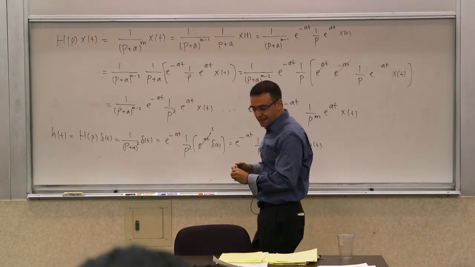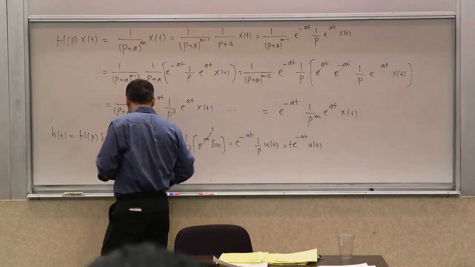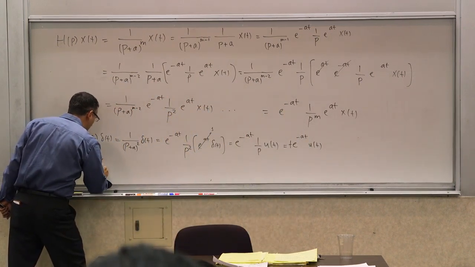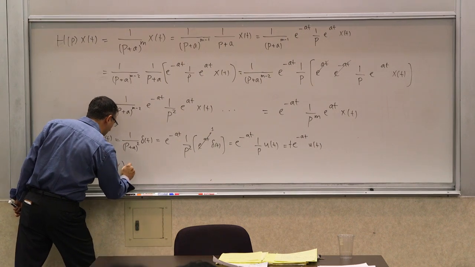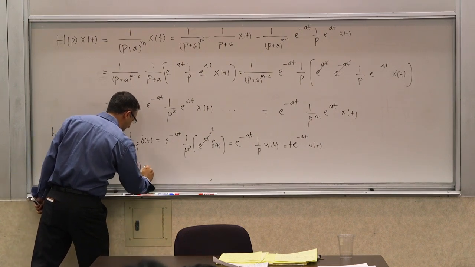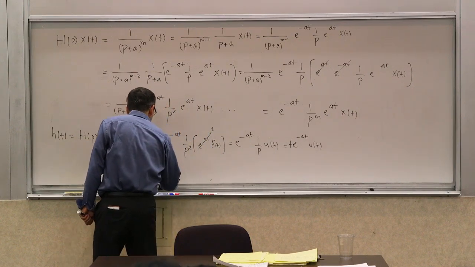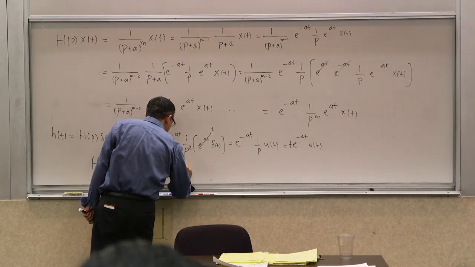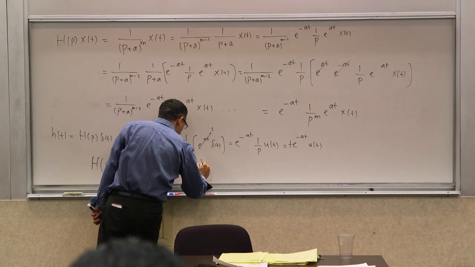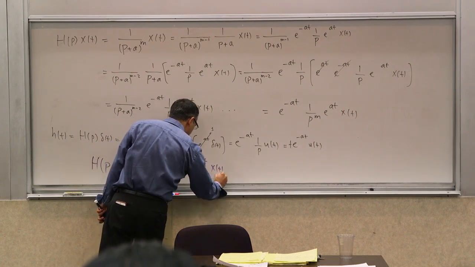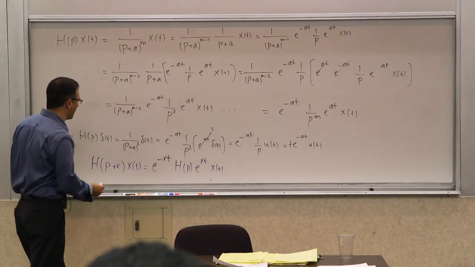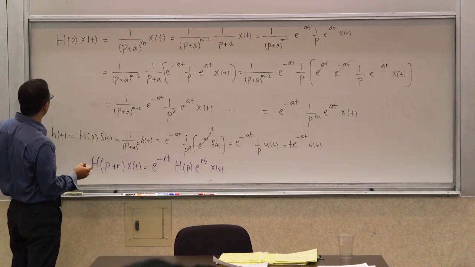Now, the interesting thing is that in general, you can show that h of P plus R operating on x of T is equal to e to the negative RT h of P e to the RT x of T. So this is a more general expression. How is it more general?